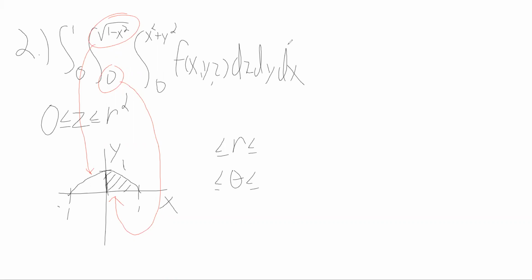So r is going to go from 0 to 1. This outer piece is the piece of the circle, r equals 1. And theta is going to go from, well, the smallest angle we make is 0. And the largest angle we make is what? Pi over 2.